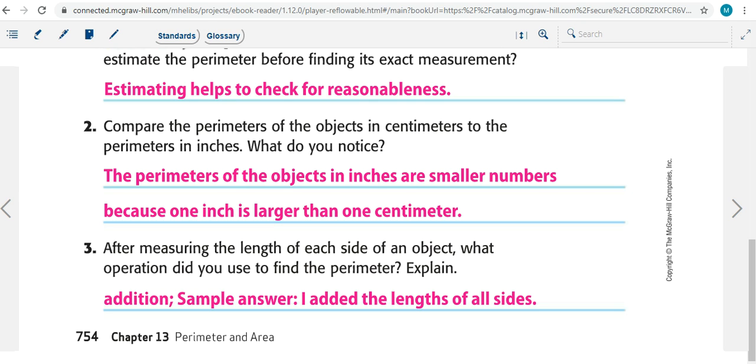Number 3, after measuring the length of each side of an object, what operation did you use to find the perimeter? We add all of the sides and then we have the perimeter. When finding the perimeter, you need to measure each side of a figure or of an object, and then you need to add them, okay?